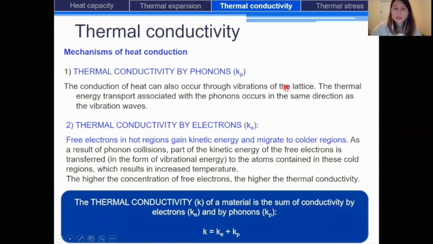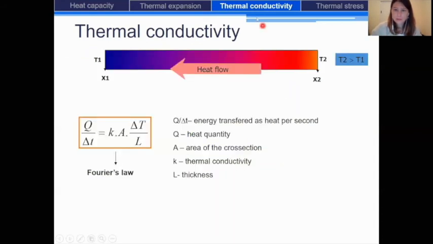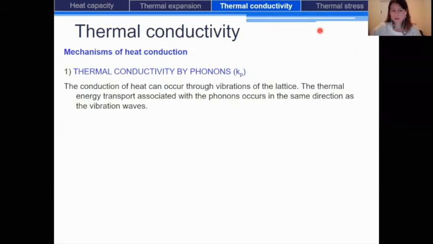So let's see the mechanism of heat conduction. The mechanisms of heat conduction are in two parts. The first mechanism is the contribution of phonons to the thermal conductivity. Here it is due to the lattice vibration waves that propagate into the material.